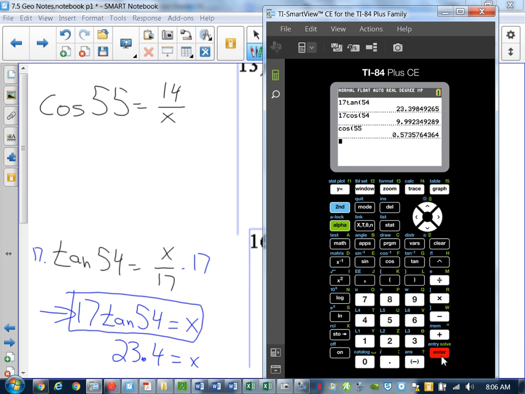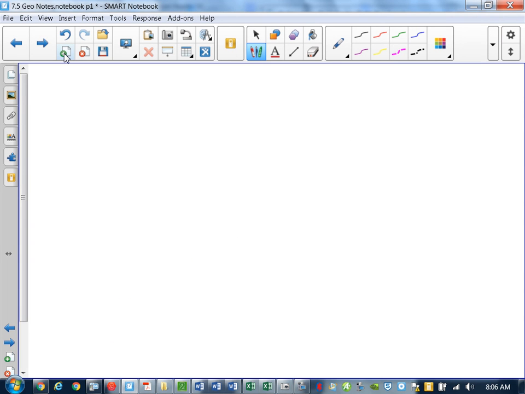The cosine or the sine or the tangent is just another way to represent a fraction. So if it's another way to represent a fraction, do I change it at all by doing that? No. So now I want you to remember what we did with similar triangles, similar figures.